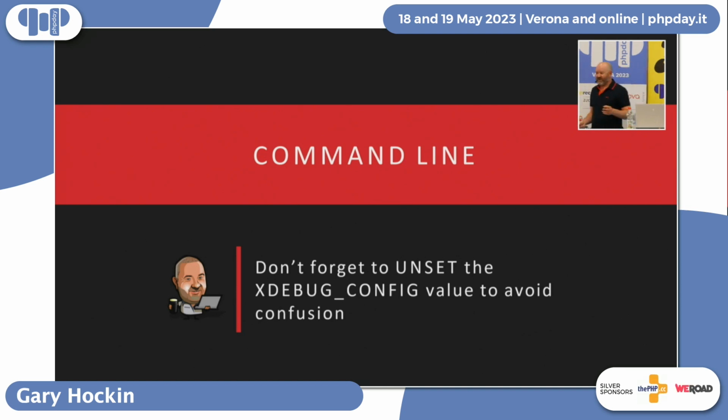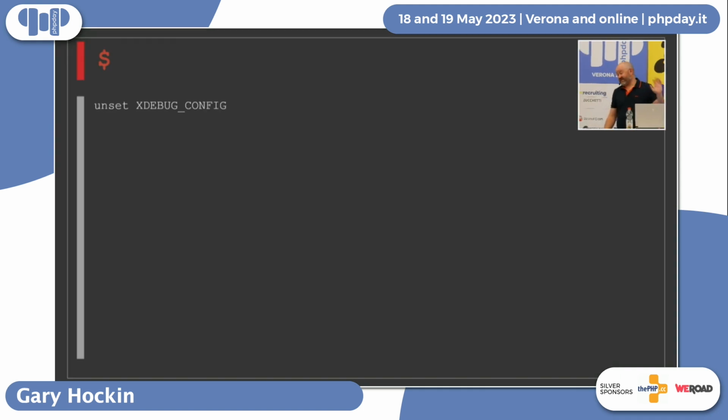What could possibly be going wrong, Geordie? And him going, I don't know. And then me going, don't worry, Geordie, it was hanging on an Xdebug session waiting for me to step over something. So yeah, don't forget to unset the Xdebug config. Just unset it, it's fine.